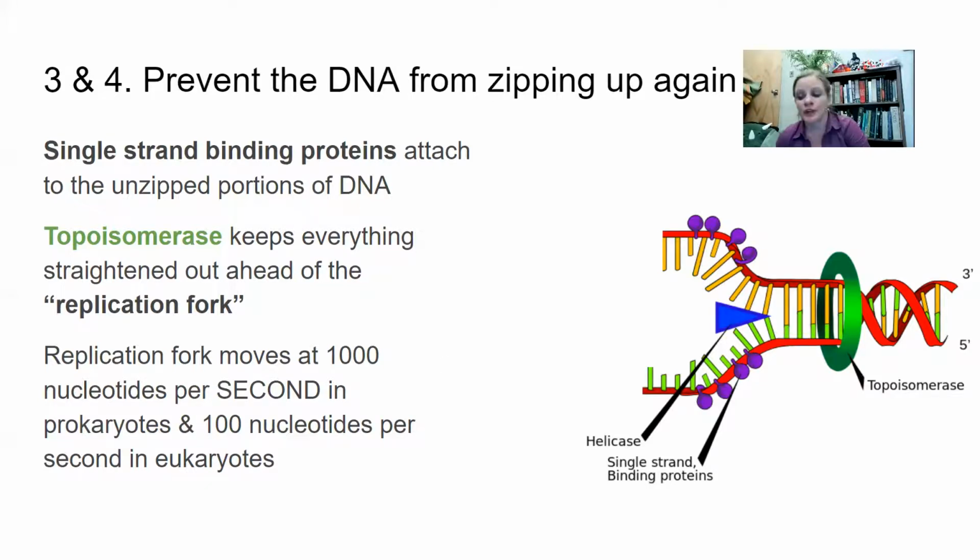In prokaryotes, this replication fork is moving at 1,000 nucleotides every second, which is much slower in eukaryotes, but 100 nucleotides per second is still really, really fast. The reason it's slower in eukaryotes is an artifact of their more complicated genomes, and we'll talk about that in a little bit.